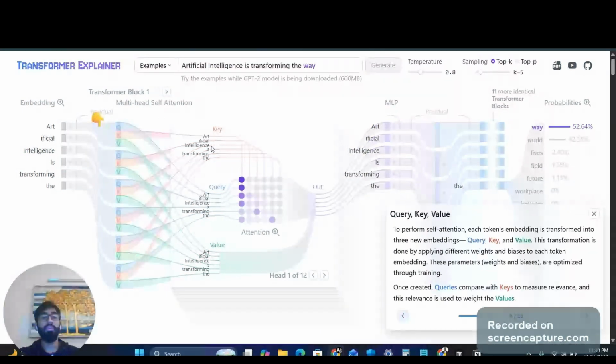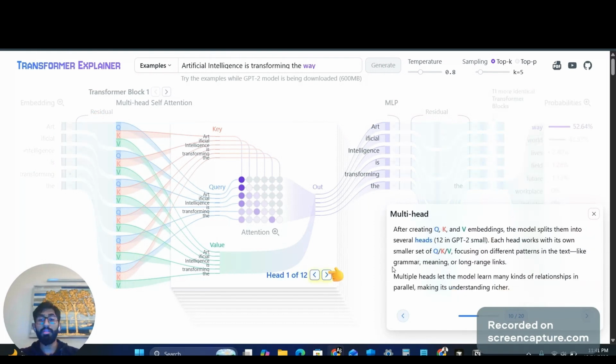But art with intelligence is 0.64. So that's what's happening. Queries and keys are compared to see how relevant the words are to each other, and that is used to weight the values after that. In multi-head, you have 12 of these, each focusing on a smaller set, like grammar, meaning, or long range. You can have many of them, and they're running in parallel as well.